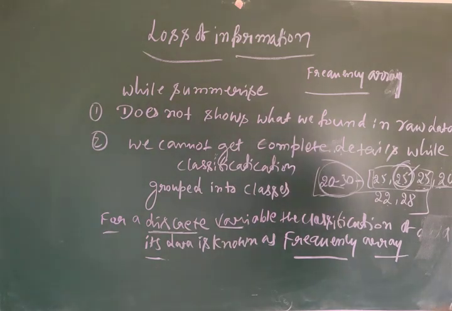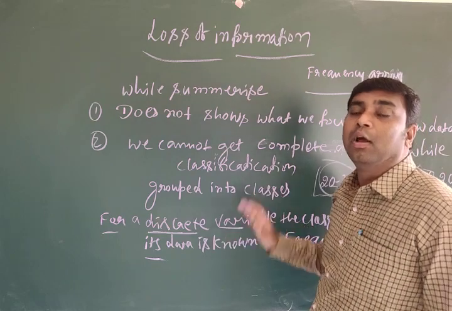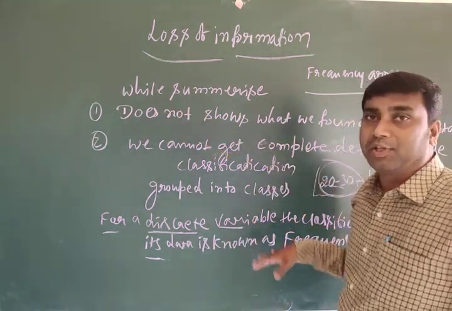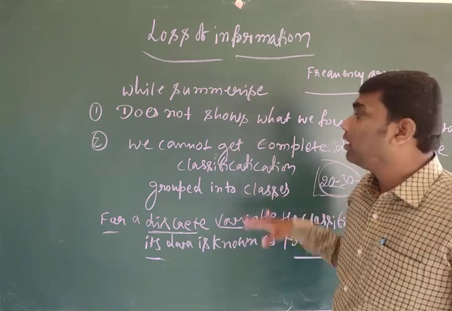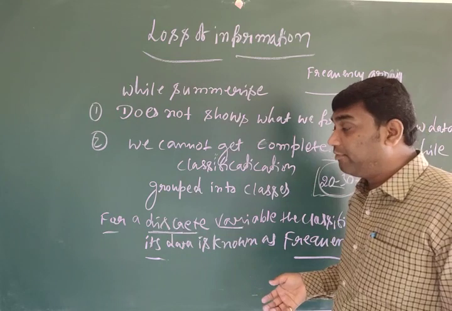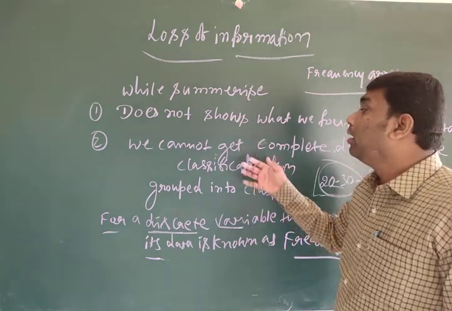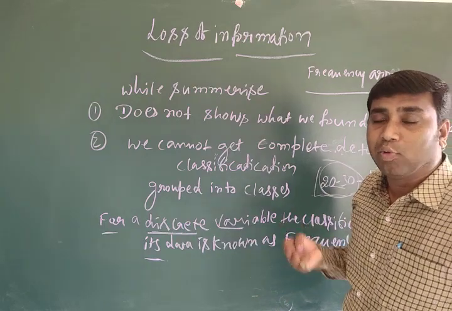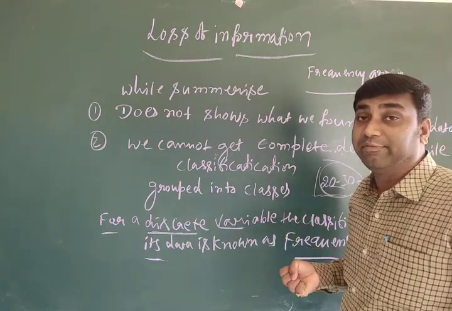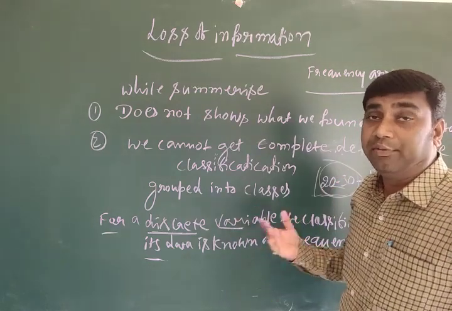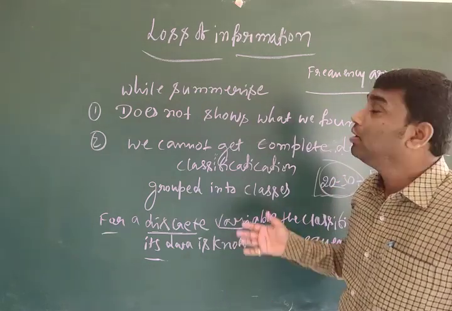Once again, we are discussing loss of information while classifying and summarizing. We cannot get a clear picture of the observations or activities we collected while summarizing and classifying. It is not possible to understand what happened, in which situation we collected the information, what the sacrifice or efforts were.